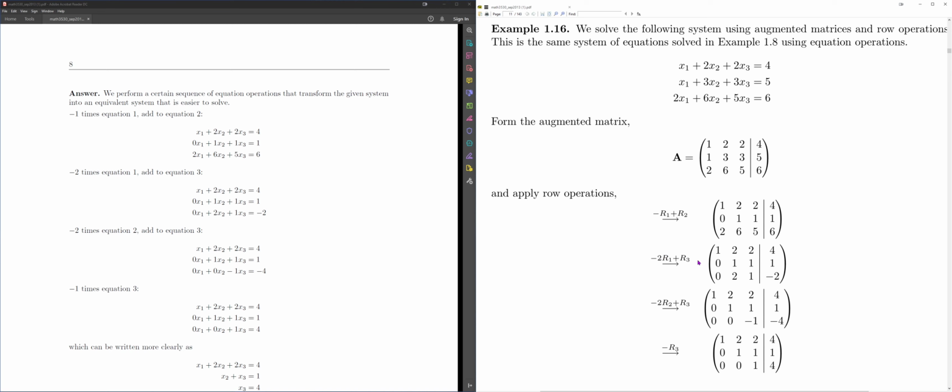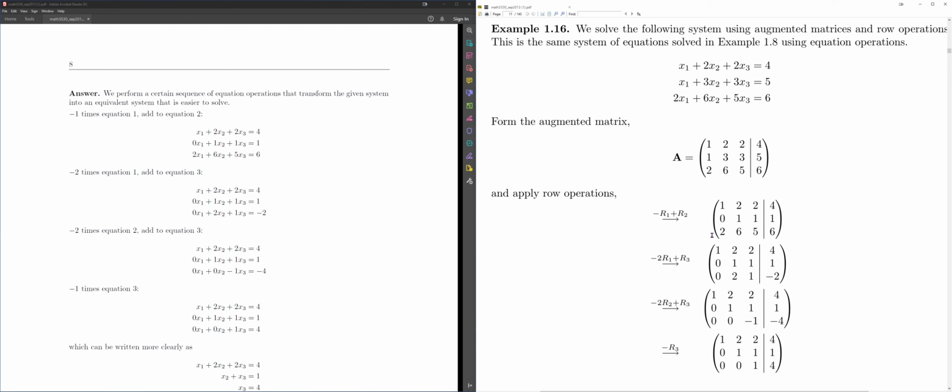So this row operation, minus 2 row 1 plus row 3, corresponds to this equation operation over here. Remember when we're doing this and we're no longer writing down the x1s and the x2s and so on, all you have is just rows and matrices.